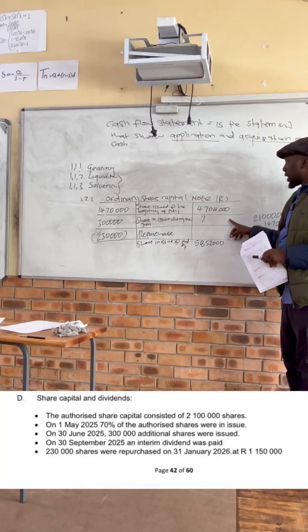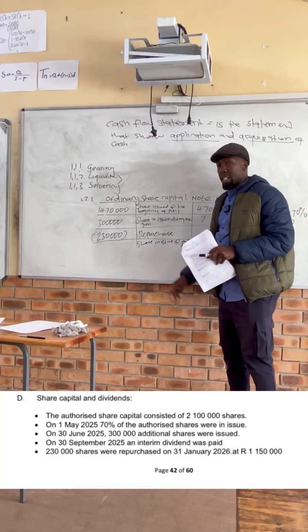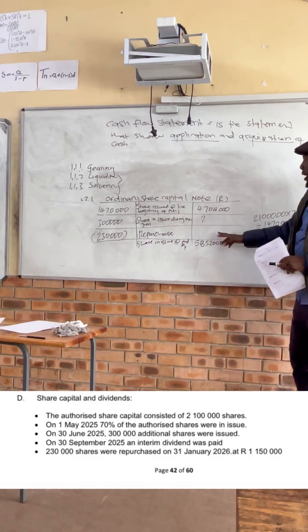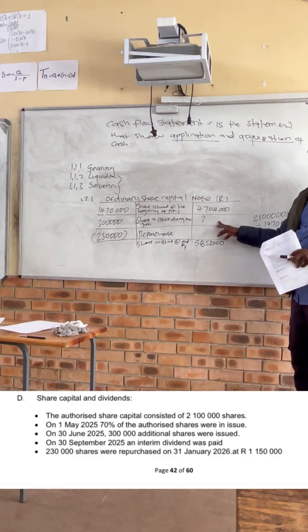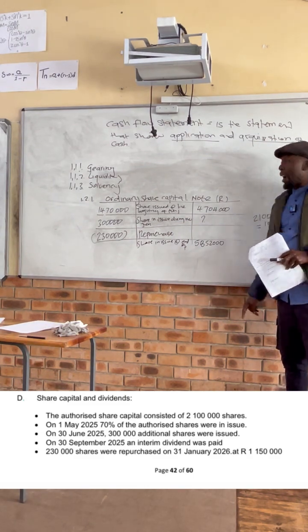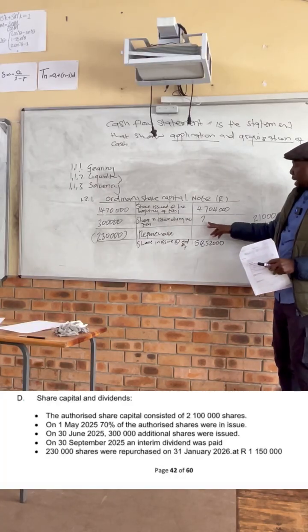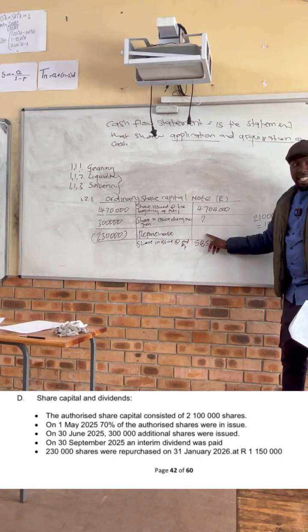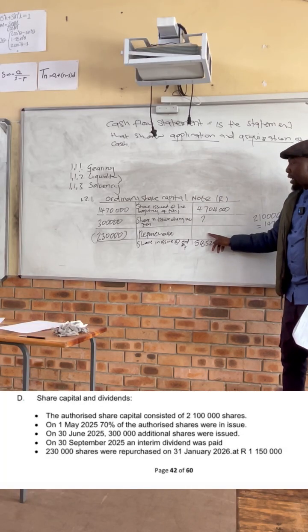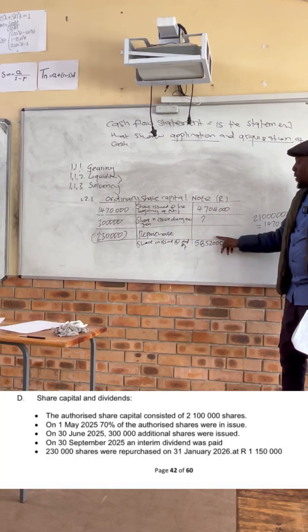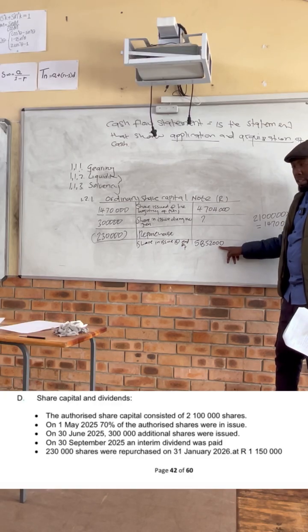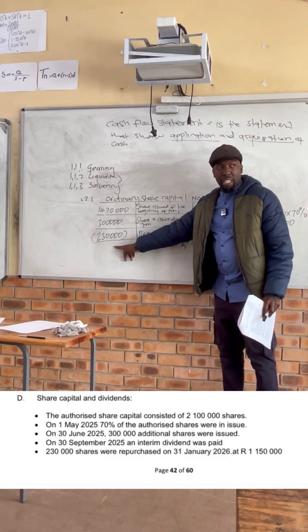Here we don't have any amount, so we're not going to apply that one. But I know that whenever I want the average share price, if the repurchase is at the end, then we can easily get it by using the balance at the end, the amount, and the number of shares at the end.